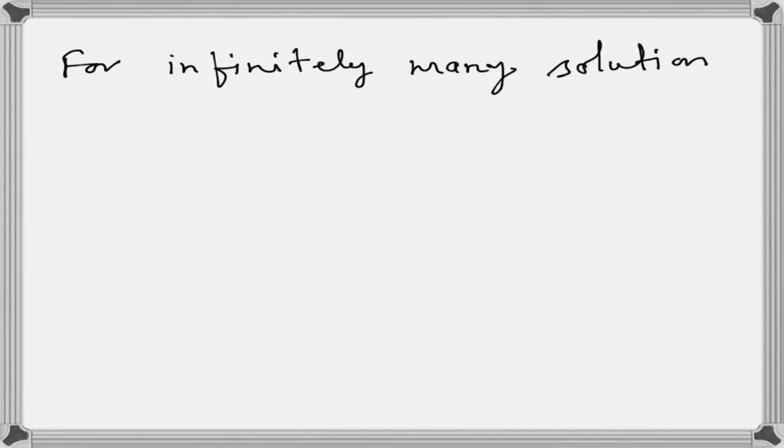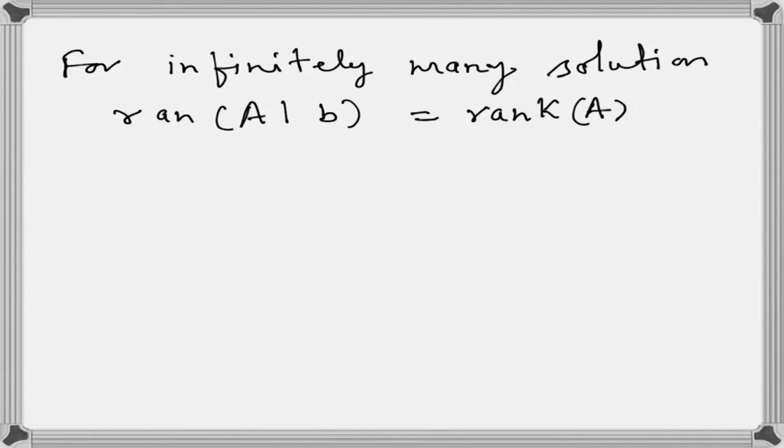So this is the reduced form of the augmented matrix. Now for infinitely many solutions, the rank of augmented matrix AB should be equal to the rank of A, and that should be less than 2. All right.